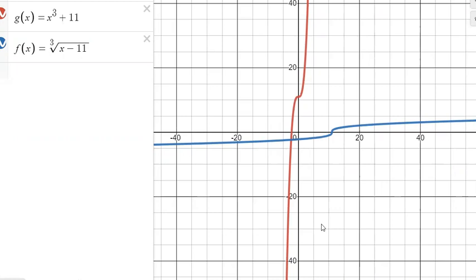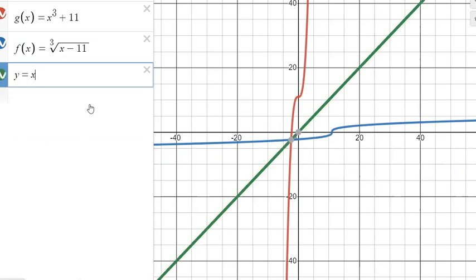So the last thing that I'm going to do is type in y equals x. That's the green line. So notice that if you flip the red function over the green line, you're going to get the blue function. And if you take the blue function and you flip it over the green line, you'll get the red function. So that's how inverses behave when you graph them.